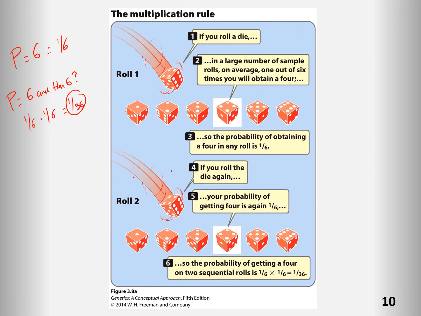In the previous example, what we asked was, what was the probability of getting a 3 or a 4? And because we are creating two possible ways to meet our criteria, we said we're going to add these probabilities together and get 1/3.